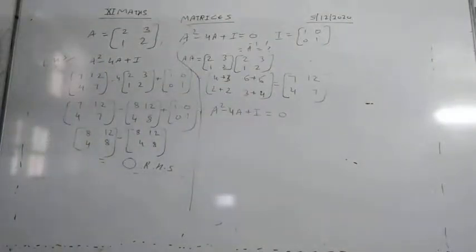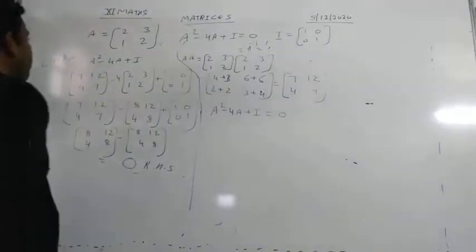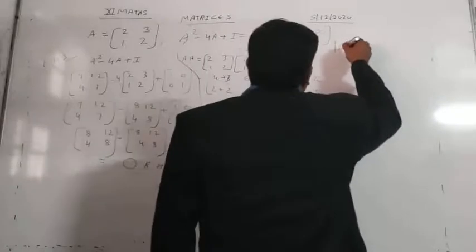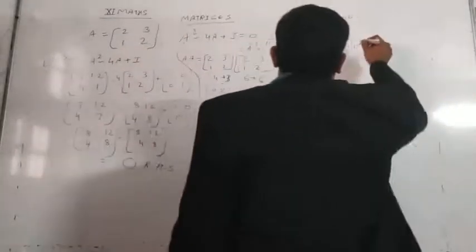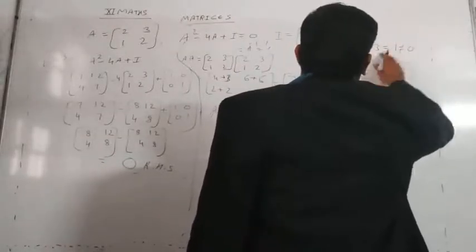Okay, so we will multiply this equation by A inverse on both sides to find A inverse. First we find the modulus of A. The modulus of A is 4 minus 3, which is 1, not equal to 0.